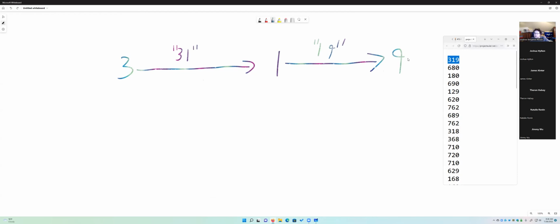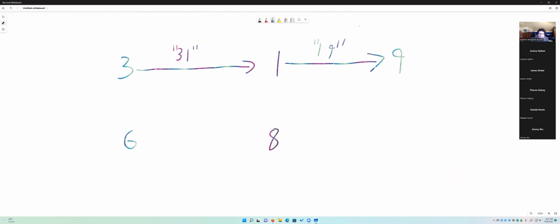Okay, so 319. So we have the next batch of numbers, which is 680. We can erase the names, we don't need them. And then the next number was 180.